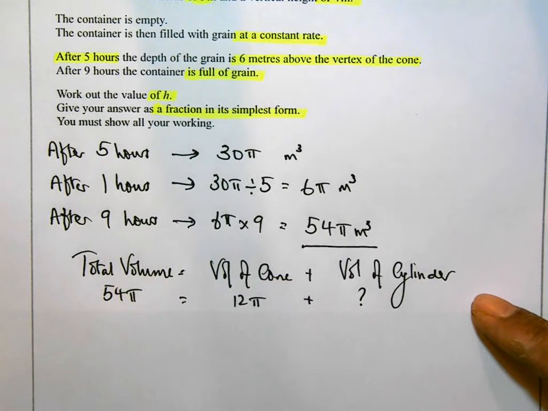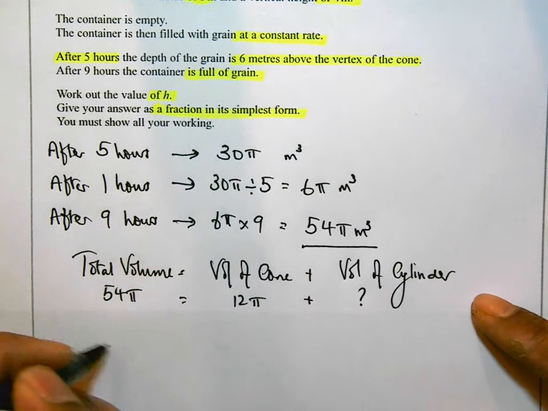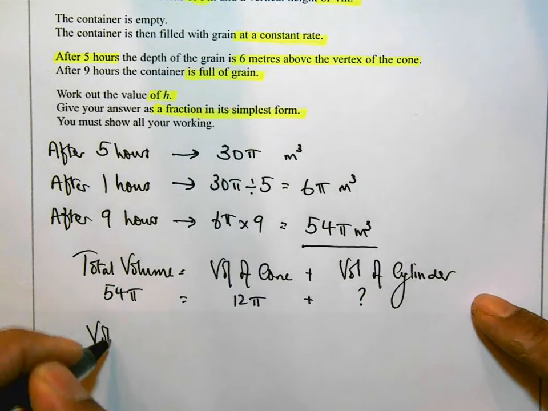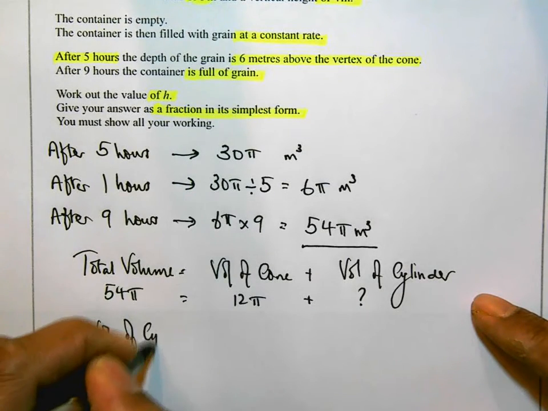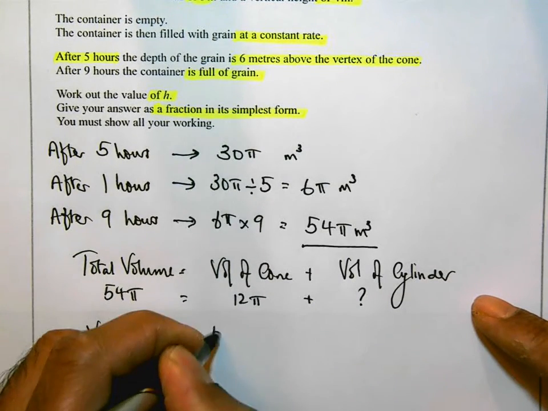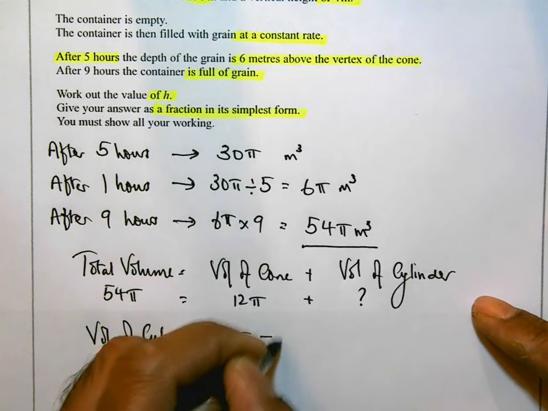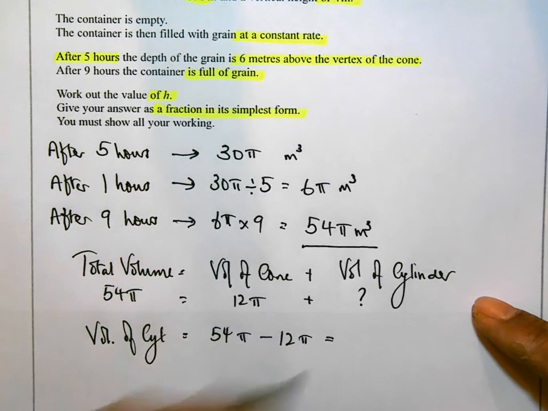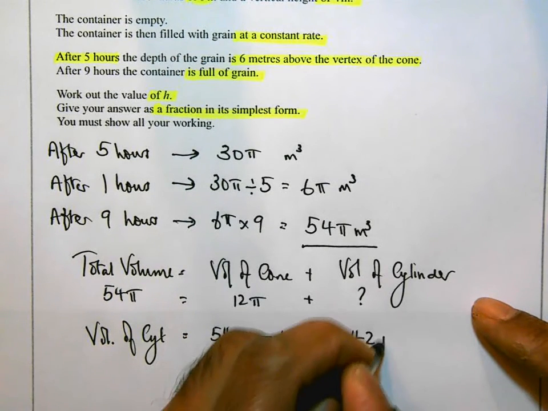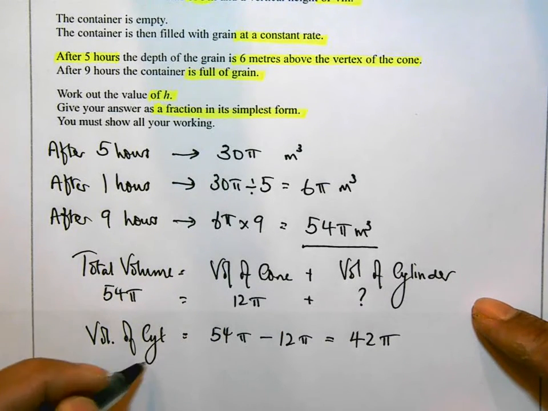I need to work out the volume of the cylinder. So the volume of the cylinder is going to be 54 pi, take away 12 pi, which is going to be 42 pi.